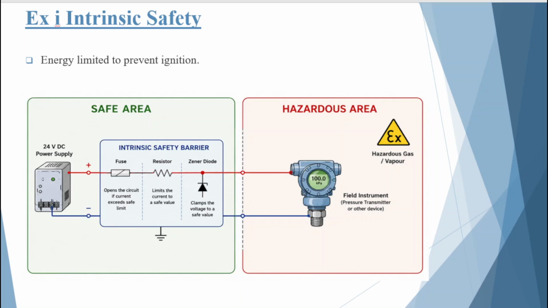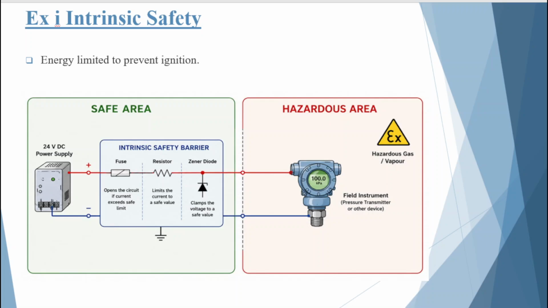Even if a short circuit, loose connection, or equipment fault occurs, the voltage and current are restricted to such low levels that they cannot generate enough energy to ignite a flammable gas or vapor. In other words, an ignition source is eliminated by design.